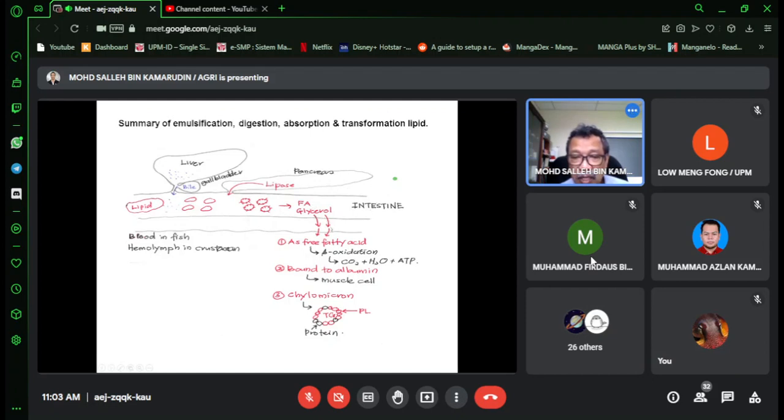So this will enter the body as free fatty acid, as albumin, and also as kilomicron. Dan free fatty acid ni will be normally converted into energy cepat, especially the saturated fatty acid. Dalam class session dia tak ada blood, dia pakai hemolymph.